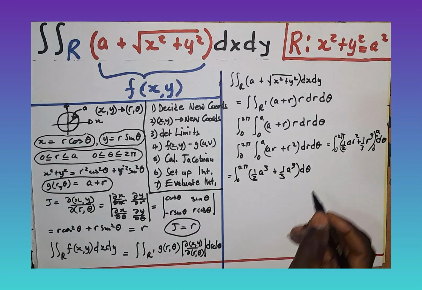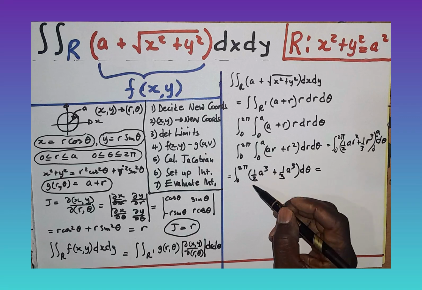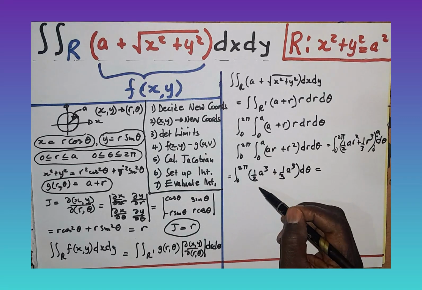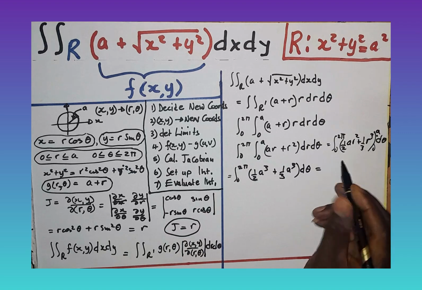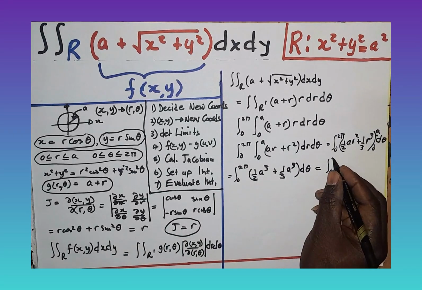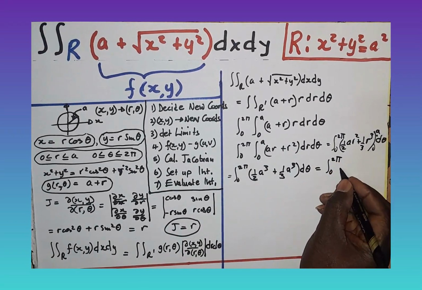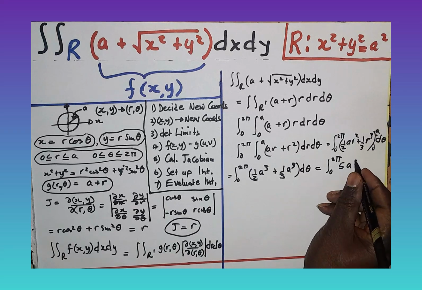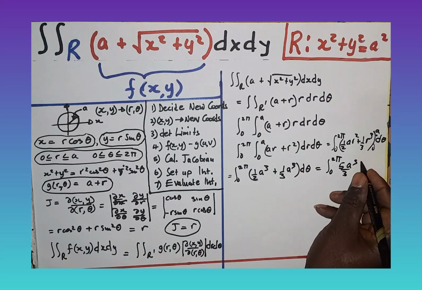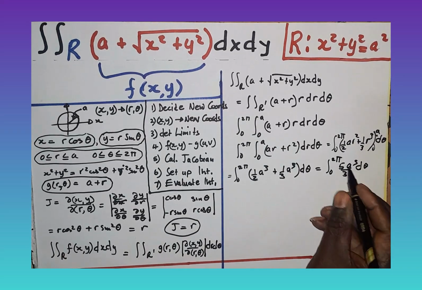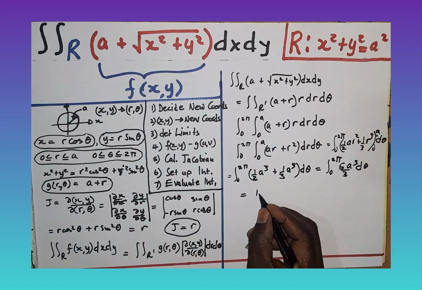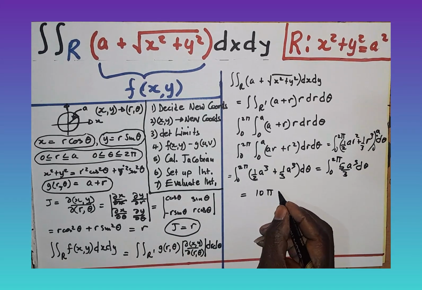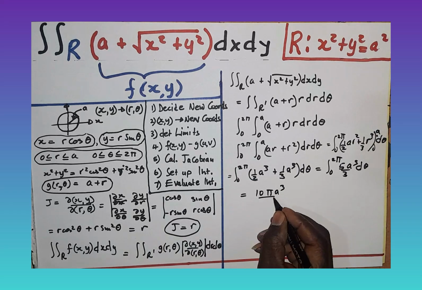This, of course, can be simplified. We have a common denominator 6 there. 2 into 6 is 3 here. 3 into 6 is 2 there. So that becomes the integral from 0 up to 2 pi of 5a cubed over 6 d theta.